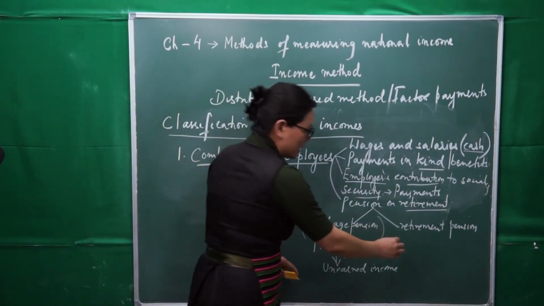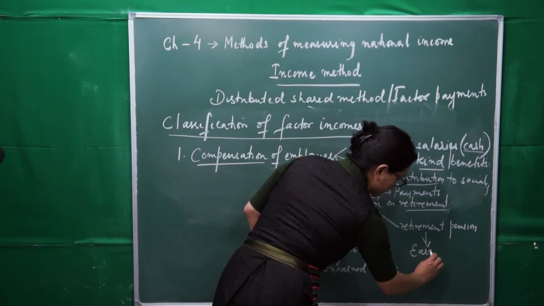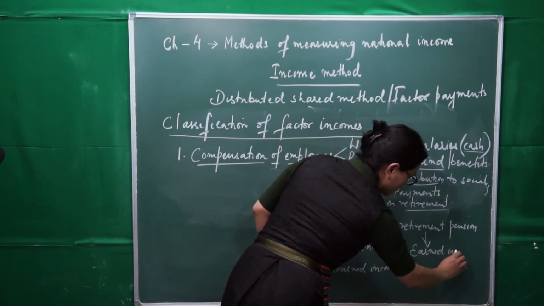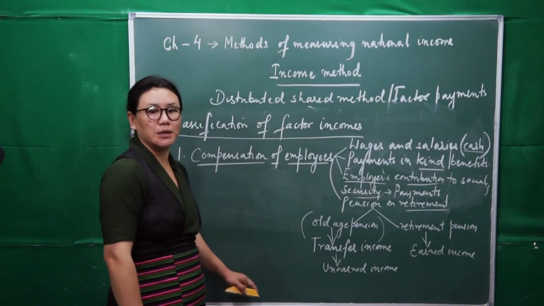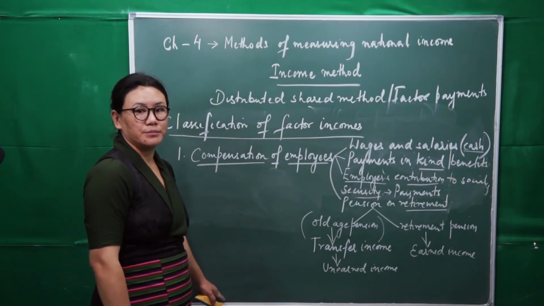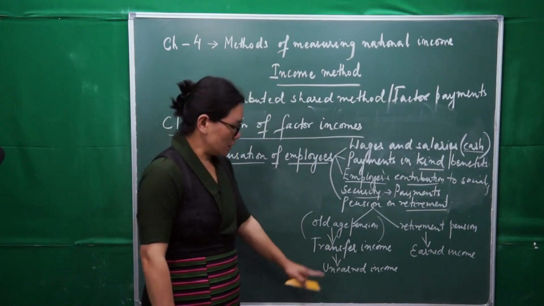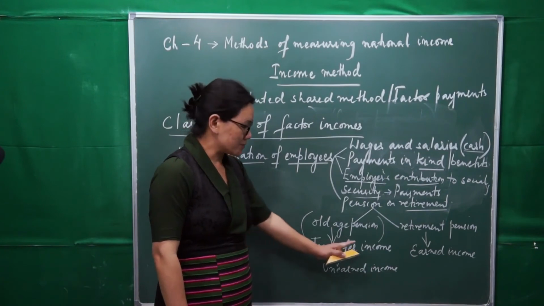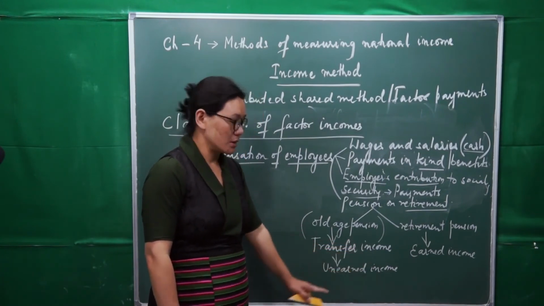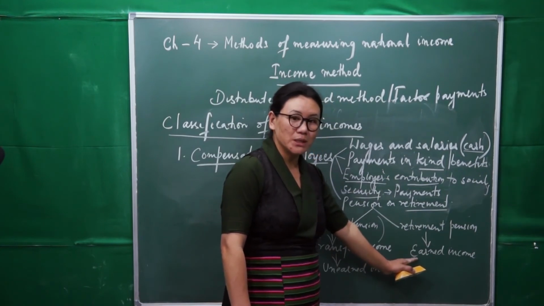Whereas retirement pension is what? It is an earned income. It will come under earned income. Right. So now see here, old age pension is an example of transfer income. Retirement pension will come under earned income.